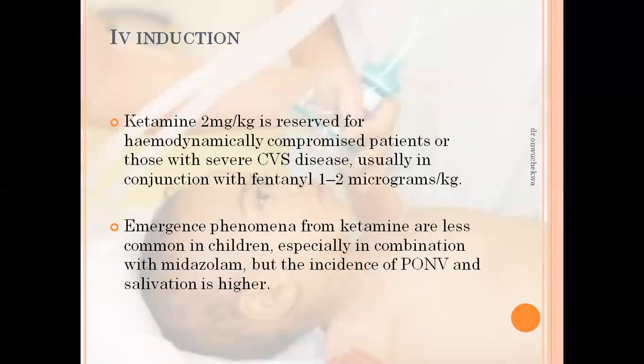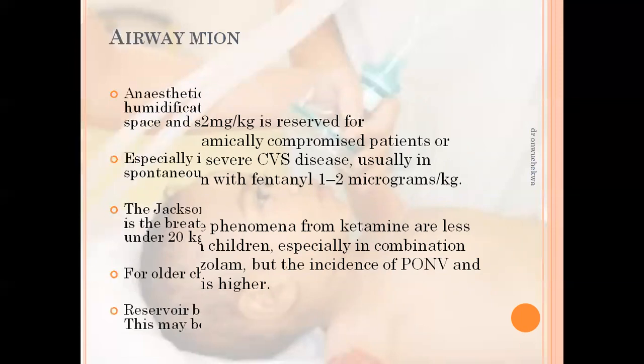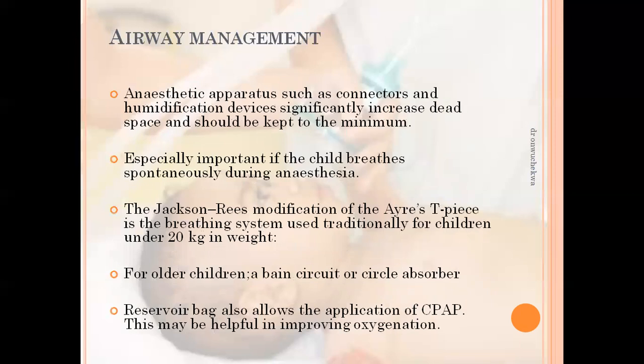Ketamine, 2 milligram per kg, is reserved for hemodynamically compromised patients or those with severe cardiovascular disease, or usually in conjunction with fentanyl, 1 to 2 microgram per kg. The emergence phenomena from ketamine are less common in children, but there is increased incidence of PONV and also higher salivation.